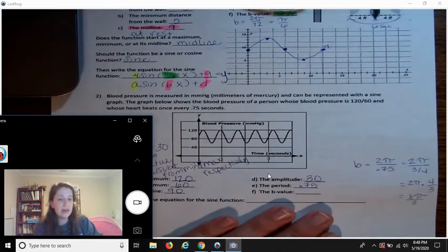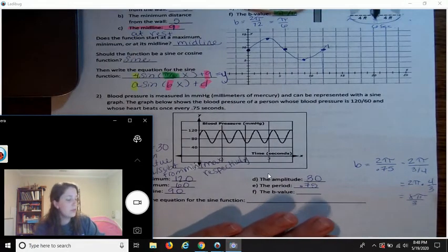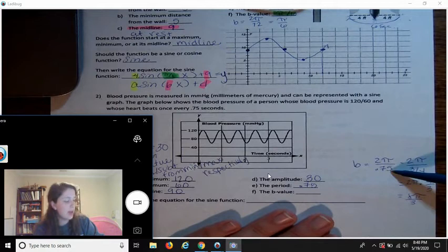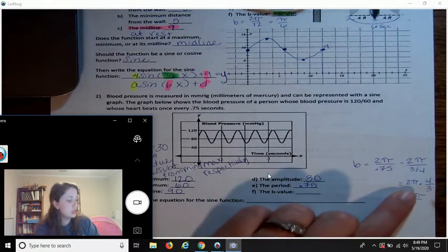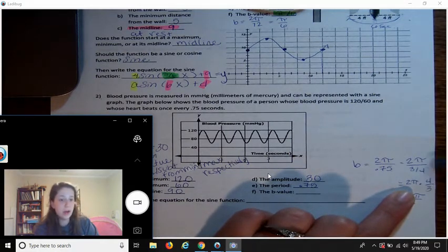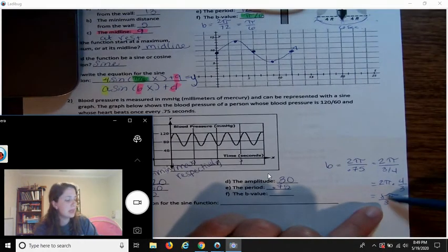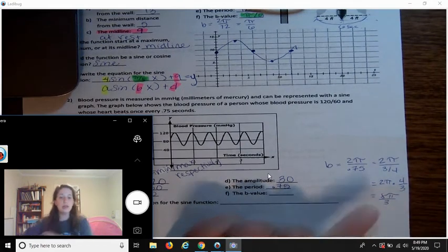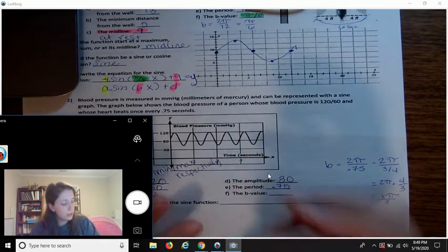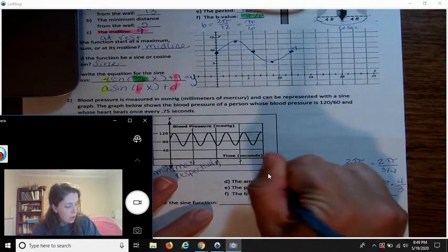I'm sorry, you didn't see that at all. So I rewrote 0.75 as 3/4, which then can be written as 2 pi times 4/3. Because I flip the denominator up, I do the keep, change, flip thing. And then 2 times 4 is 8. I still have my pi, and then 3 is in the denominator. So my B value is going to be 8 pi over 3.